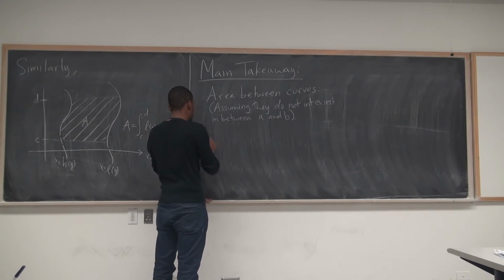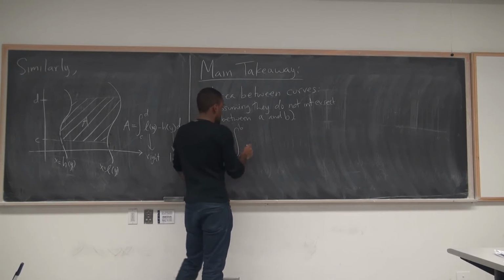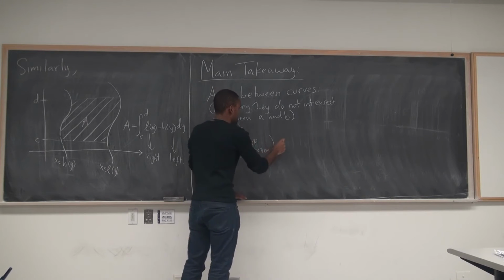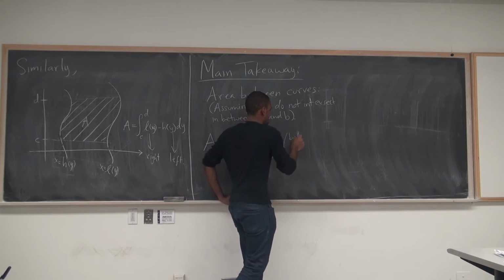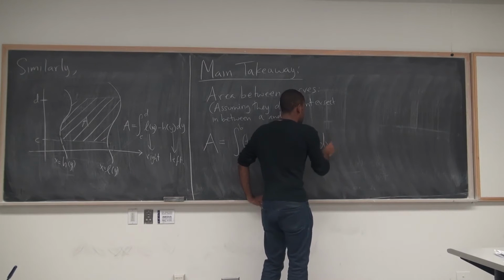There are two ways to find the area between curves. It will either be the integral from a to b of the top function minus the bottom function dx, right?